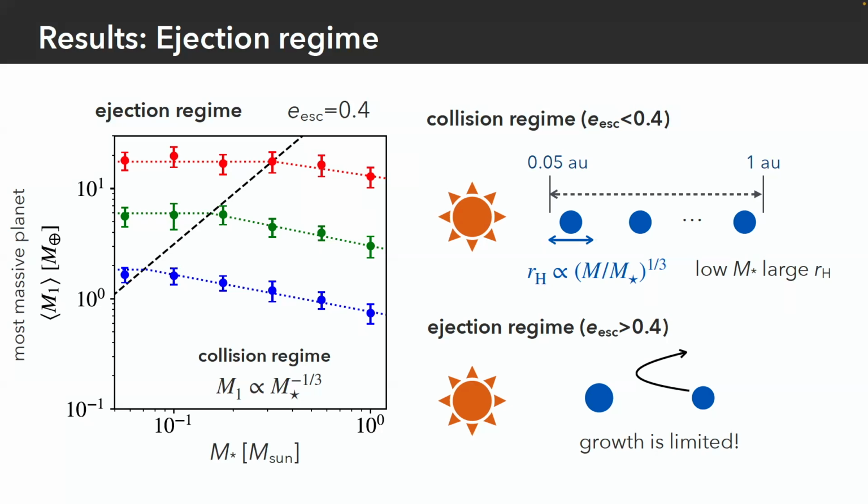So this is the ejection regime and this is the collision regime. In the collision regime, a protoplanet can collide with others and grow up. But if the stellar mass becomes smaller, the escape eccentricity becomes larger, then the ejection regime occurs, so growth is limited by ejections, as you can see in the previous slide.